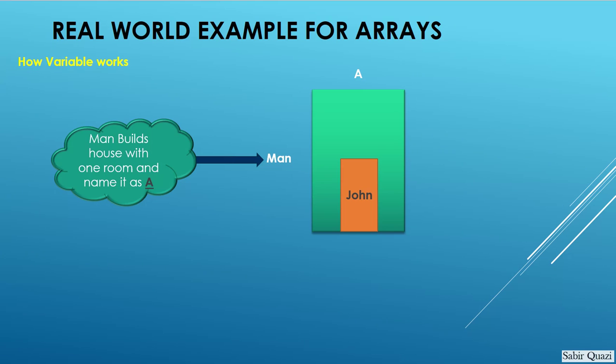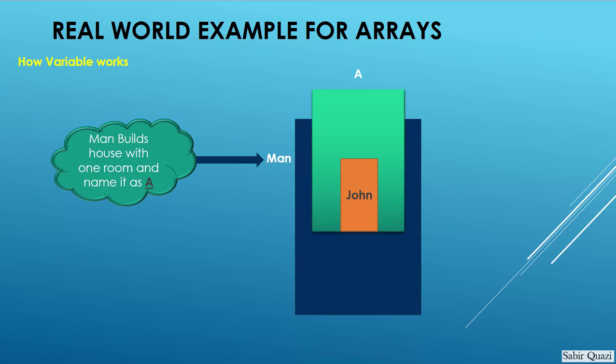Now who will stay in this room? Let's say John will stay in this room, so John will be the value of this room. Similarly, variables store values like 20, 30, or the names or the characters and so on.